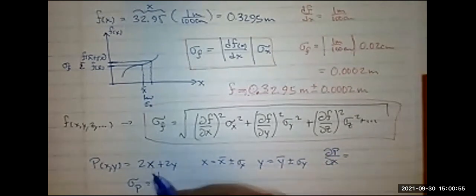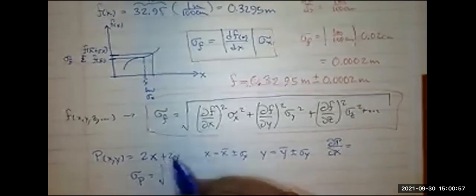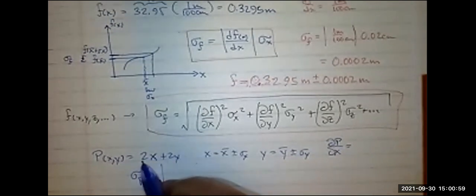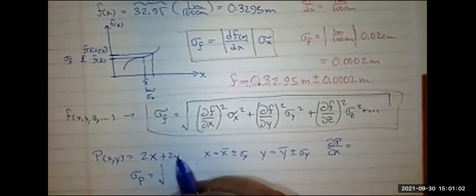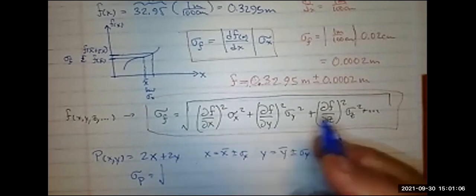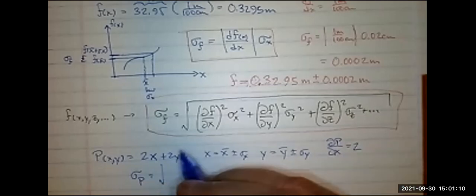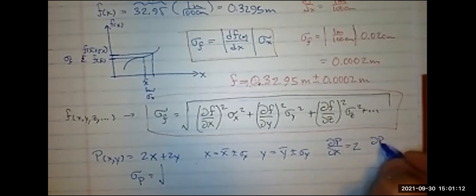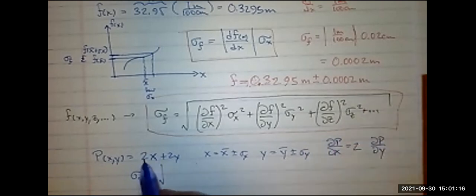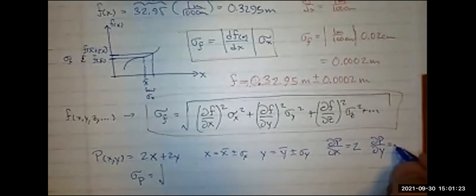The way you do a partial is you treat all the other variables as if they're constants. So this is like 2x plus 2 times 3. The derivative of 2x plus 2 times 3 is just 2 because of that 2, not because of that one, right? And the partial of P with respect to Y is going to be 2 times 3 plus 2 times Y. So this is going to give you nothing, but this one's going to give you 2 as well. So I'm going to say it's just 2.